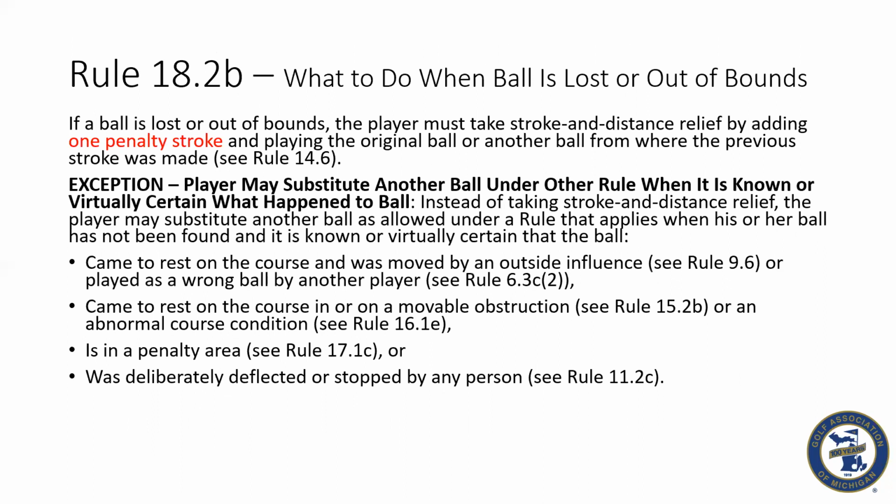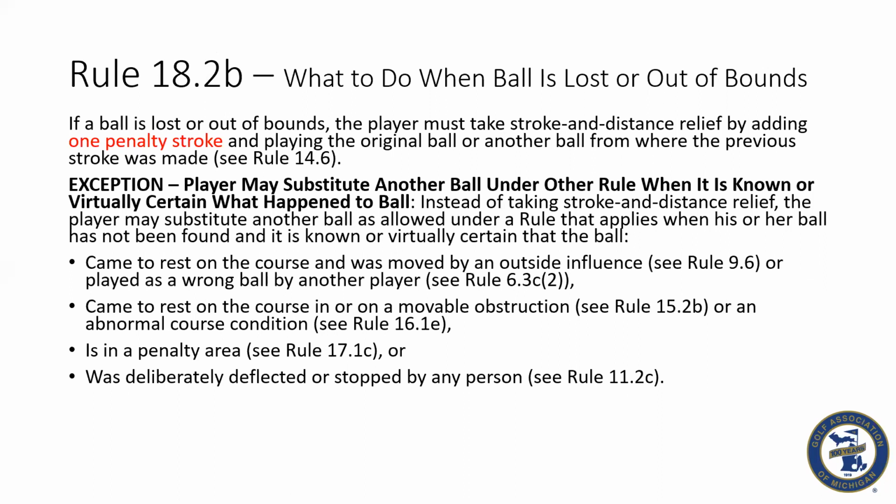So instead of taking stroke and distance relief, the player may substitute another ball as allowed under a rule that applies when his or her ball has not been found and it is known or virtually certain that the ball either came to rest in the course and was moved by an outside influence, or was played as a wrong ball by another player, or came to rest in or on a movable obstruction, or an abnormal course condition, or is in the penalty area, or was deliberately deflected or stopped by any person.